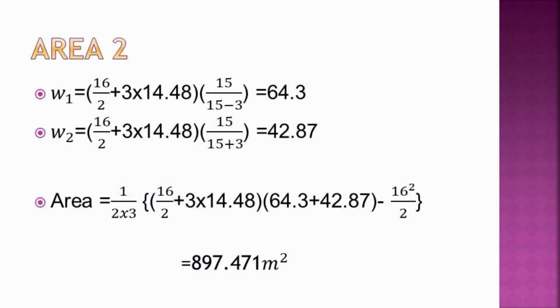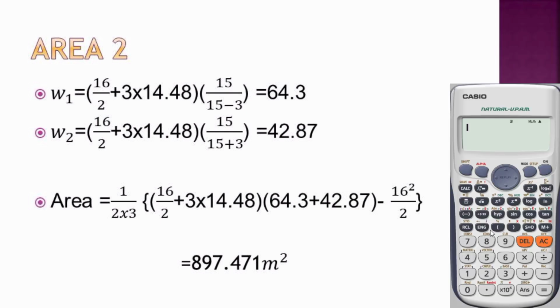So this is just a simple calculation, and if you are doing it with the scientific calculator, it becomes easier and more simplified than the other normal calculators. So let's go ahead and we calculate all those areas.